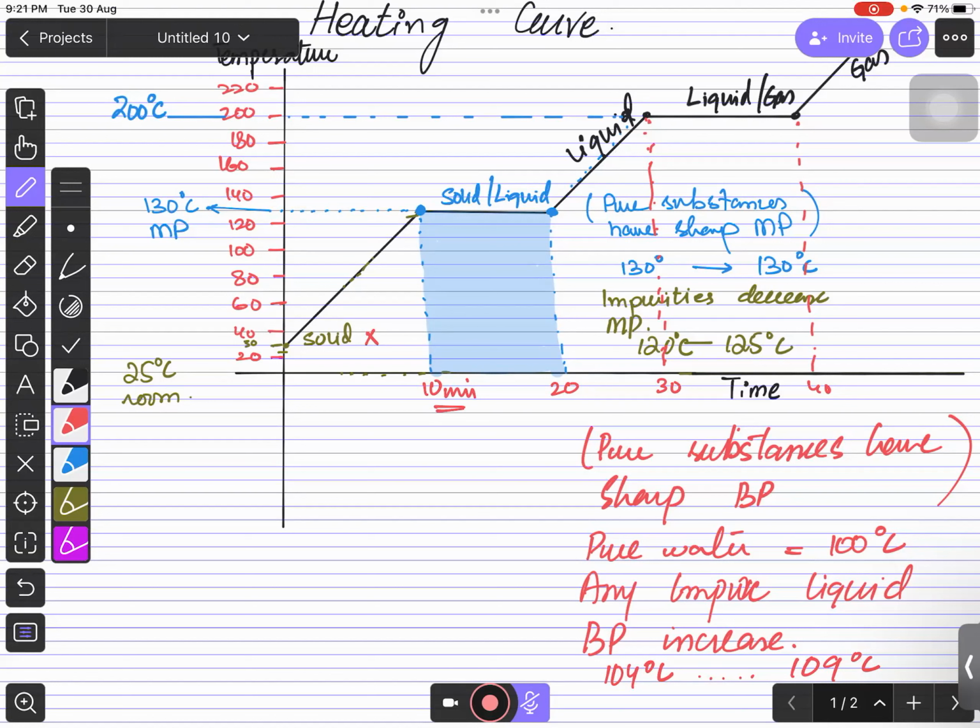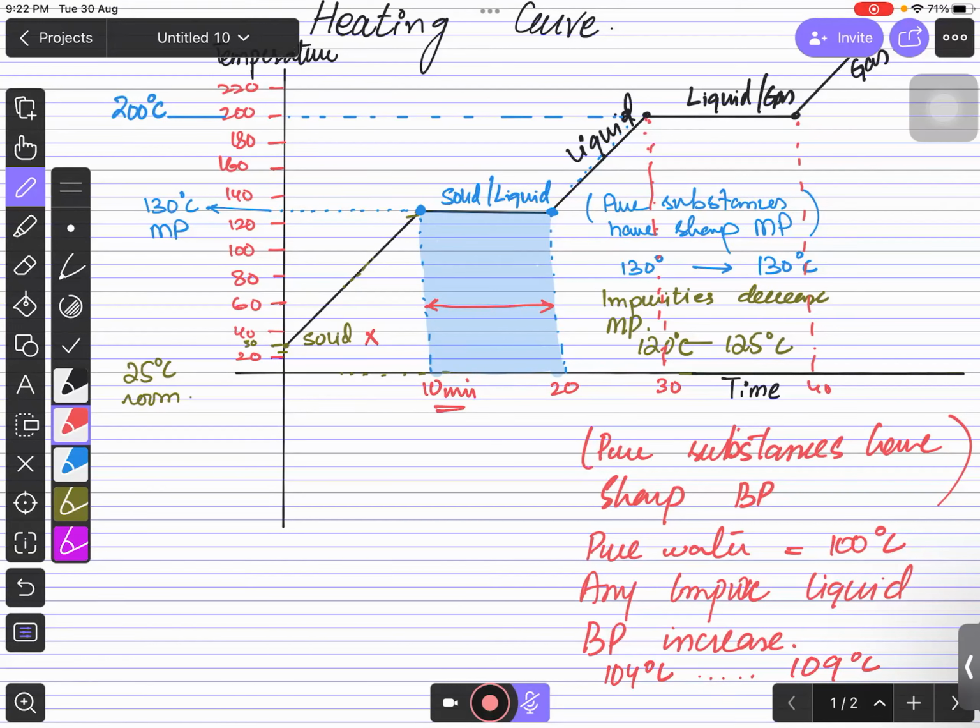Or they can even ask in how many minutes the solid X is completely converted into liquid. So you can say that in 10 minutes of starting, it is completely converted into liquid state, right? So all these kinds of questions you can find out from the graph, right, bacho? Yes, sir. Any problem with this graph? No. Okay, that's pretty good.